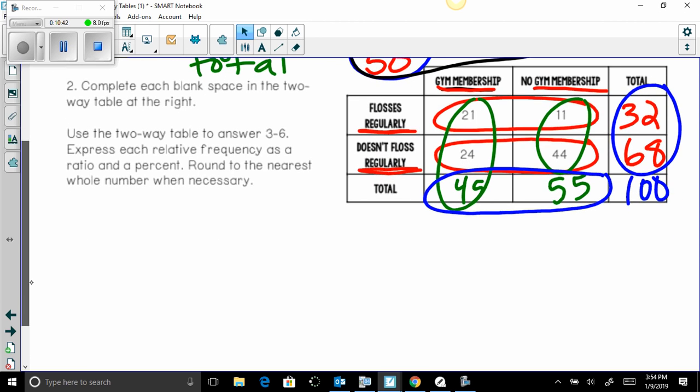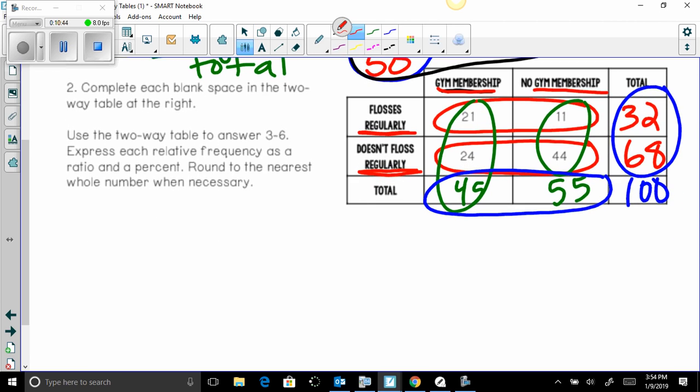So question number 3 says, of the people surveyed, what is the relative frequency of people who floss regularly? How many people floss regularly? The floss regularly is here. All these people right here floss regularly. That is how many people?